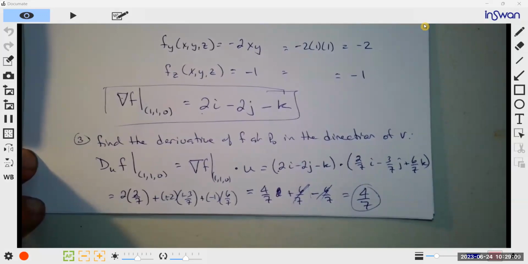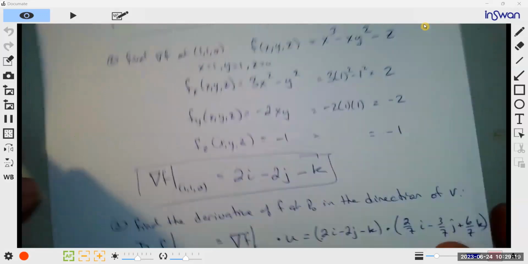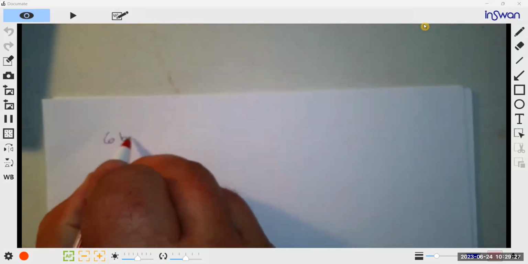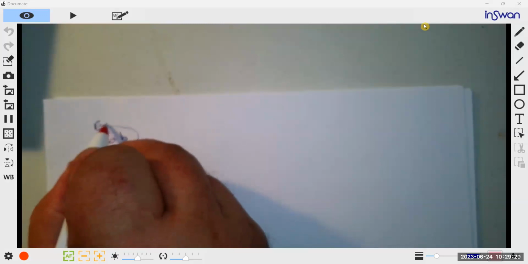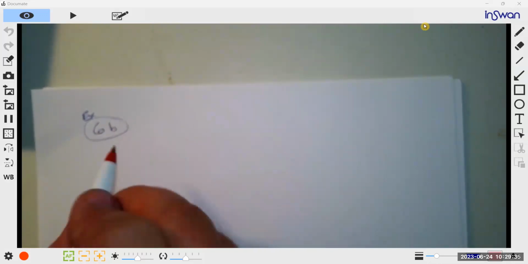Now, in what direction does f change most rapidly at p sub 0, and what are the rates of change in those directions? Part B. Okay.